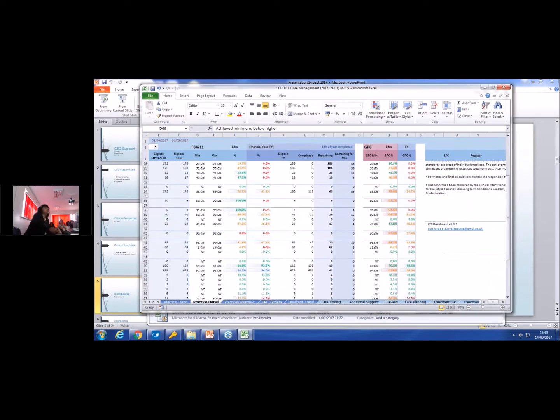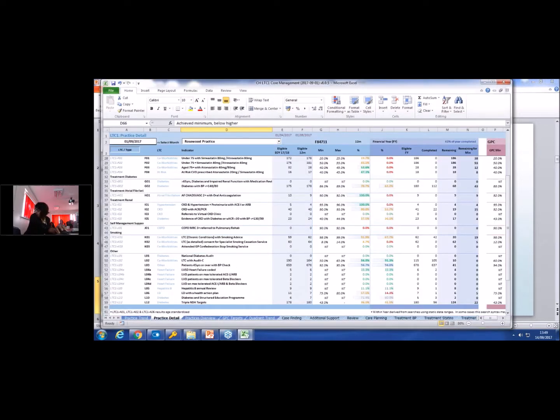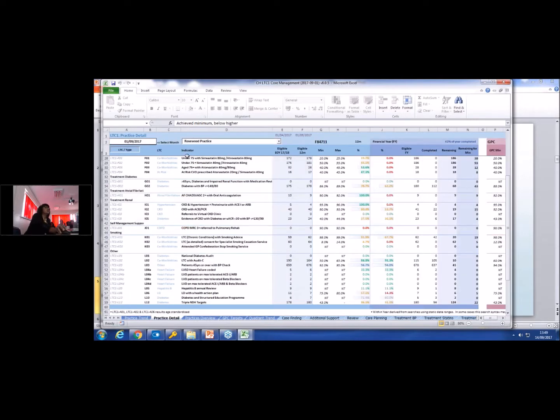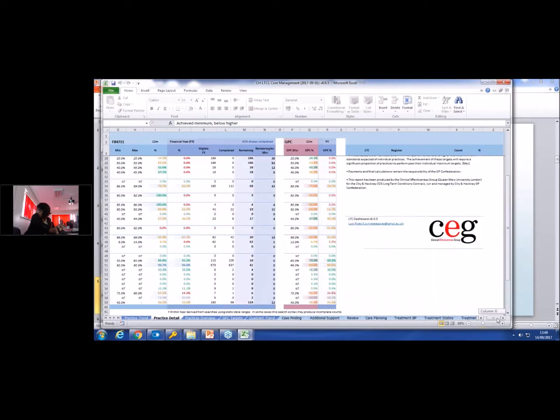Again, you can select your practice here, and you see minimum and maximum targets along here, alongside all the indicators going down here. If you look at column N, you can see how many more patients you need to do the activity on to achieve the targets for all your indicators, which is quite useful.